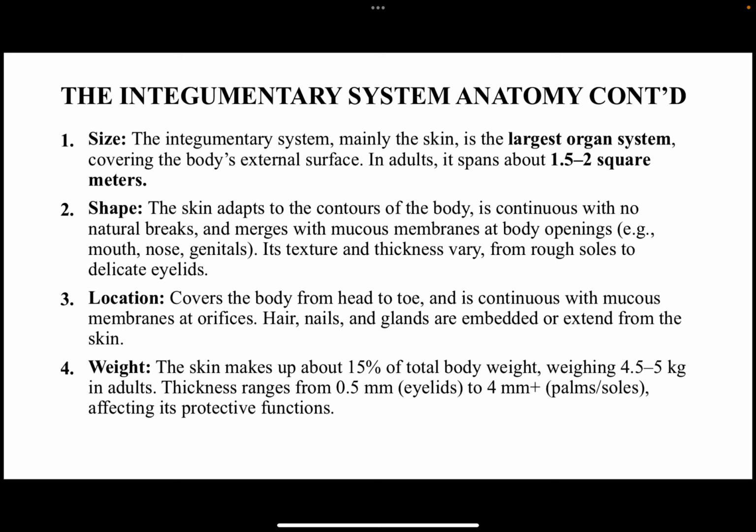So the skin is an organ in the integumentary system. The hair is an organ in the integumentary system. The nails are also organs in the integumentary system. The sweat glands, the sebaceous glands, the sensory receptors, the blood vessels, which you can find in the dermis and the hypodermis of the skin, and the lymphatic vessels, which are also in the dermis.